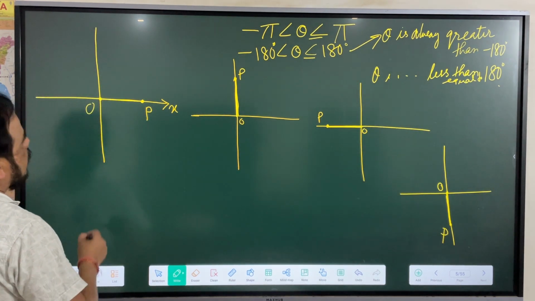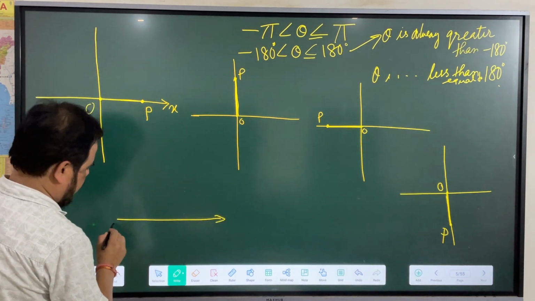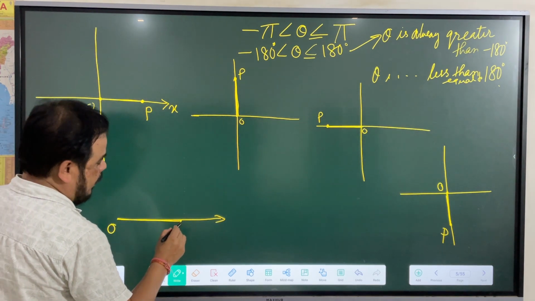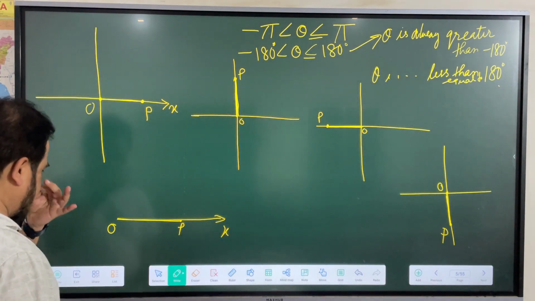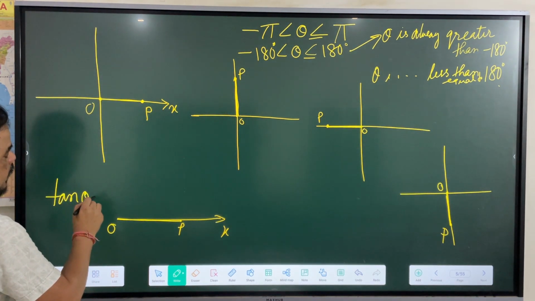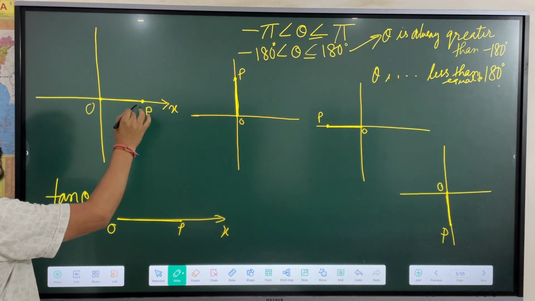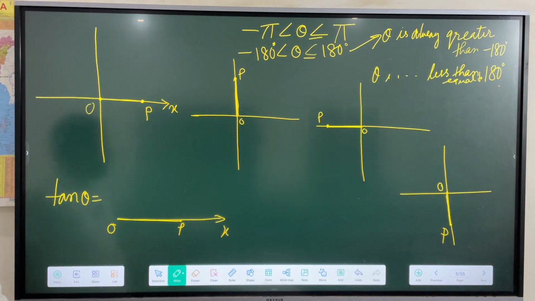Look here now. Here OP and OX, I have done OX, and again I have done OP. So OP is on OX only. Now we have to find the value of theta. This OP is forming an angle with OX. How much? 0.